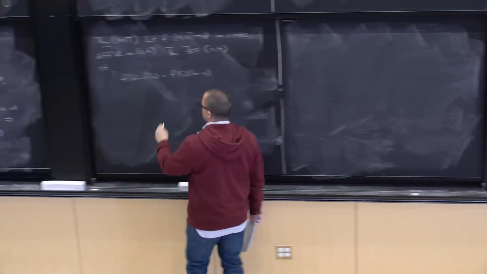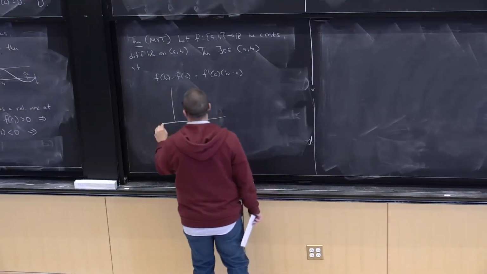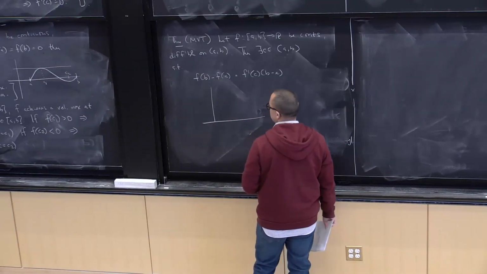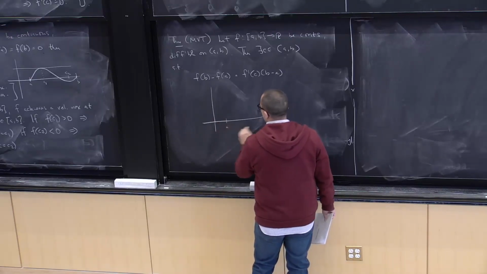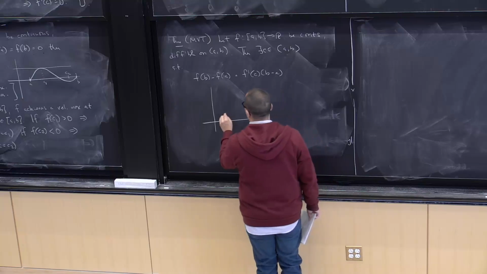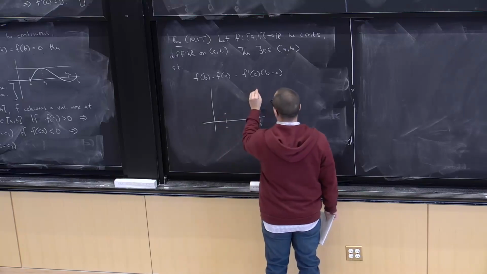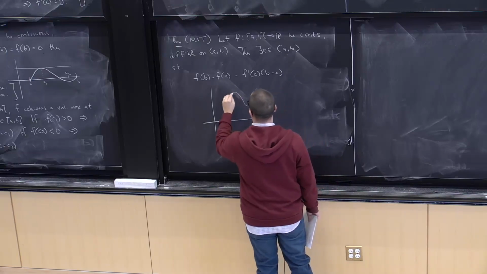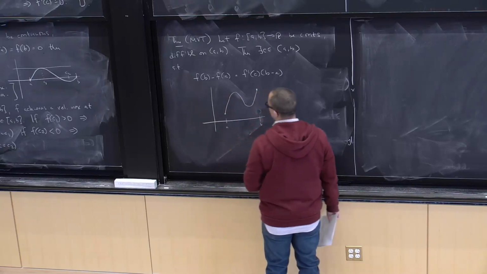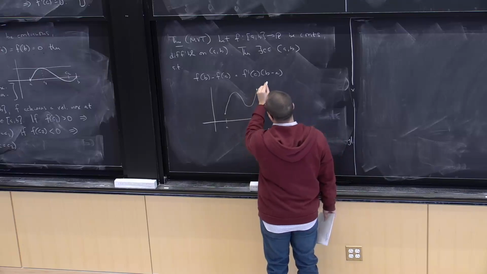So why do I refer to it as a kind of rotated and shifted version of Rolle's theorem? So there's a, b, there's f of a, f of b, and let's say that's how the function looks.